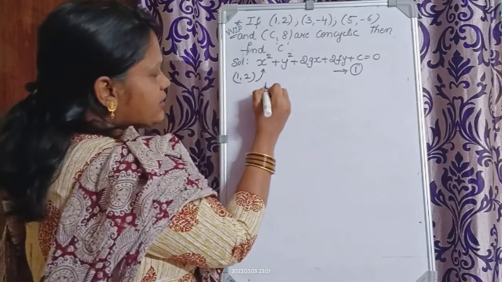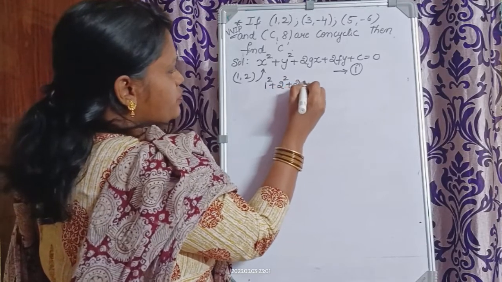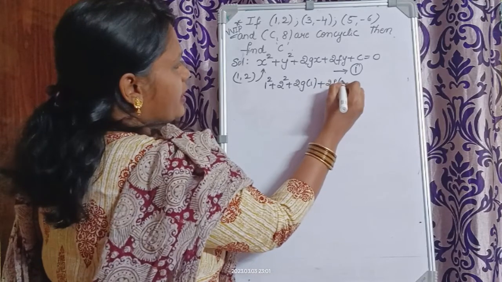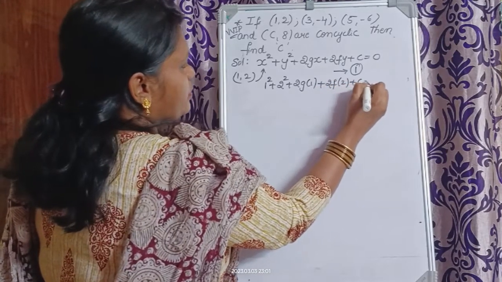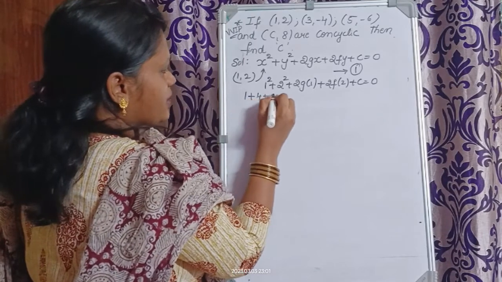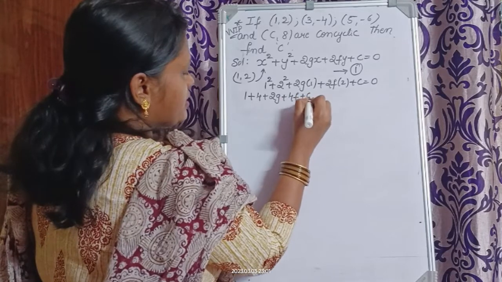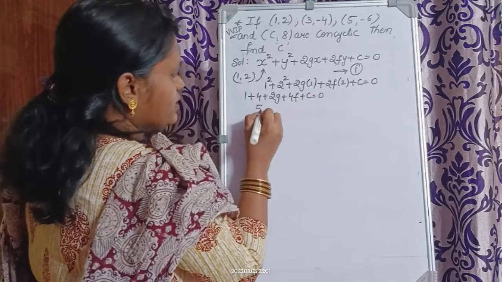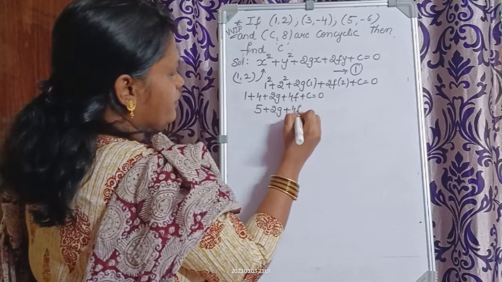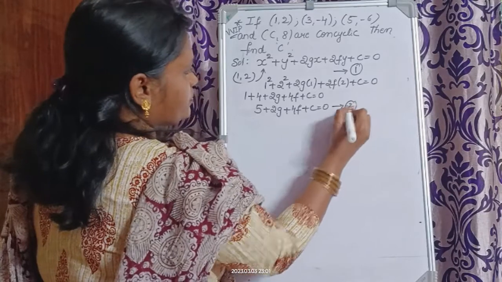It means 1 square plus 2 square plus 2g plus 4f plus c is equal to 0. In other words, 5 plus 2g plus 4f plus c is equal to 0. I call this equation 2.